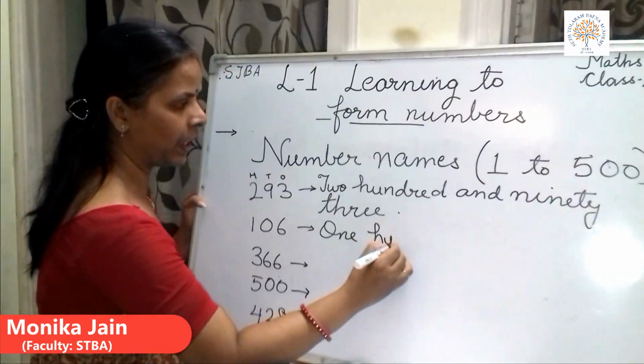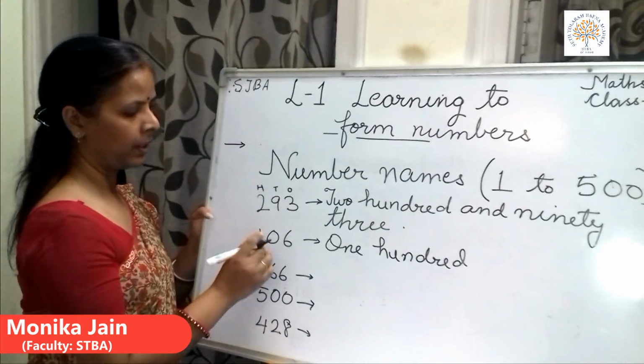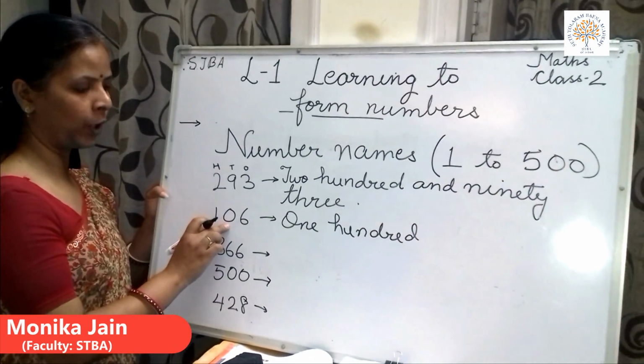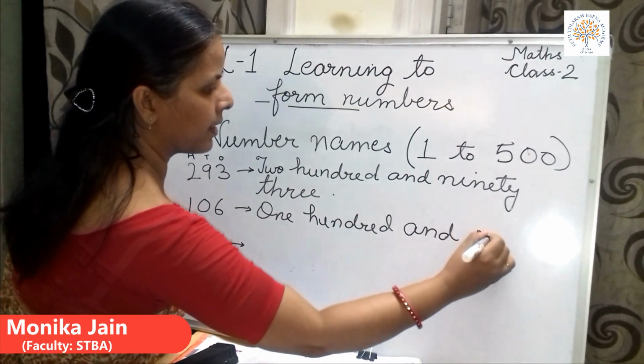Keep in mind the place value. It will become very easy for you to write the number names. At the tens place is 0, so you will not write anything. 100 and 6, it will become 106.